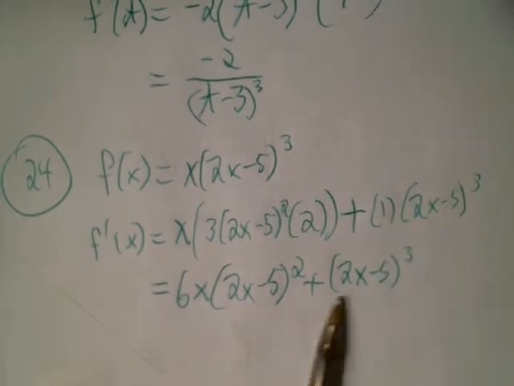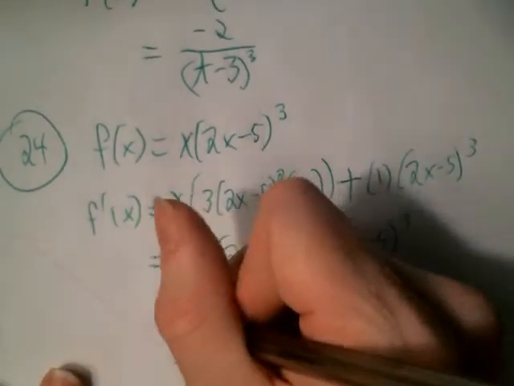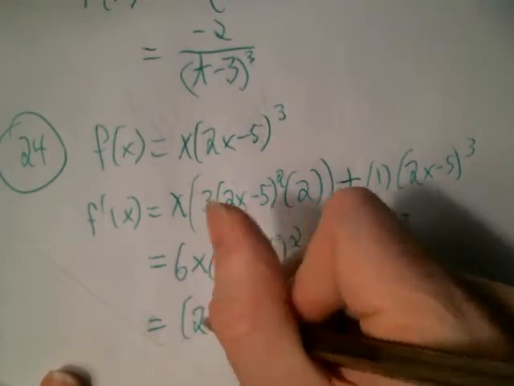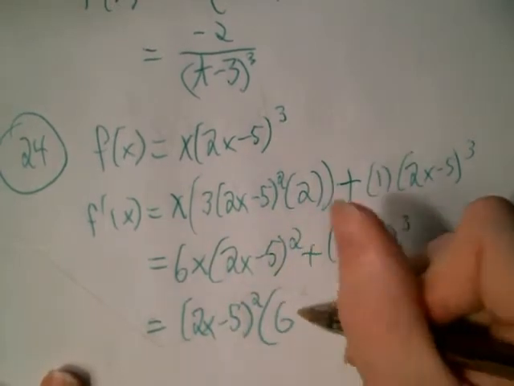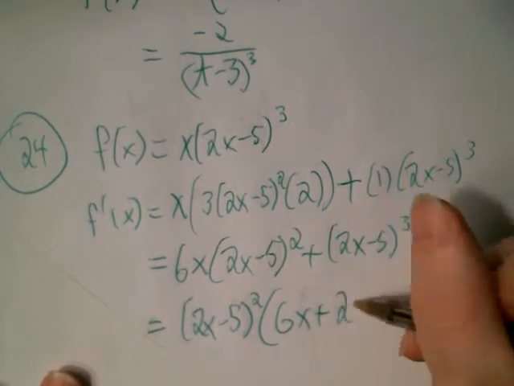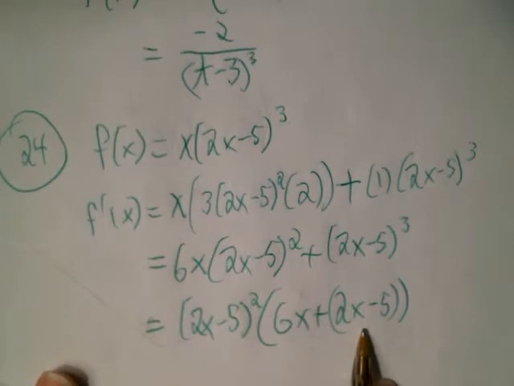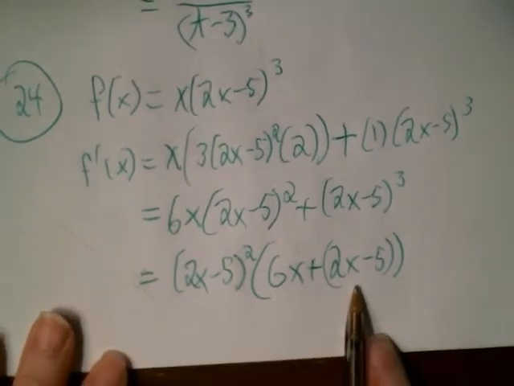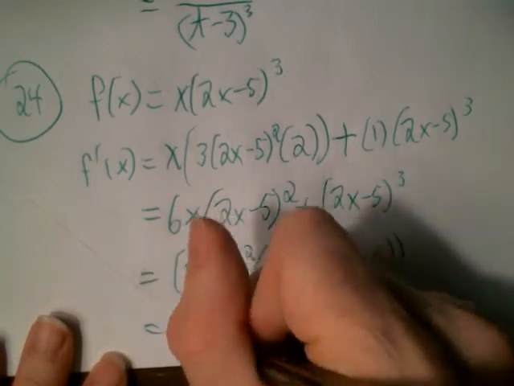And if you want to get clever, you can factor out a common binomial here. You can actually factor out 2x minus 5 squared, and that leaves you with 6x plus one factor of 2x minus 5. And then here, the associative law, I can drop those parentheses.